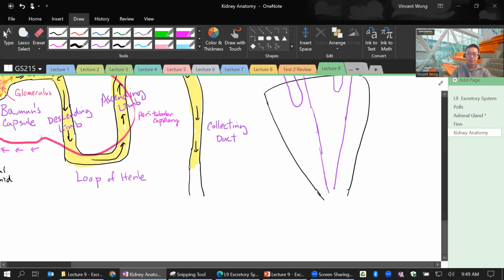So look, the filtrate will travel down the collecting duct, which leads to the renal papilla. So the filtrate comes out and goes to the renal papilla, the tip of your pyramid, right?